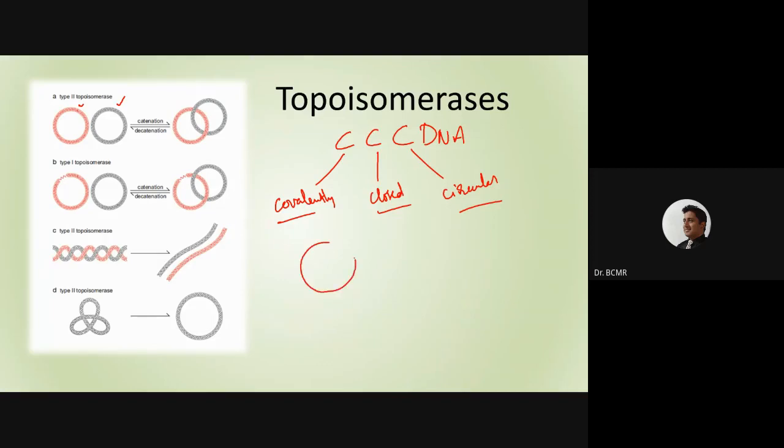So if I have a molecule like this, I'll call it molecule A, and I'll have another DNA molecule like this, A, B, C, and D.